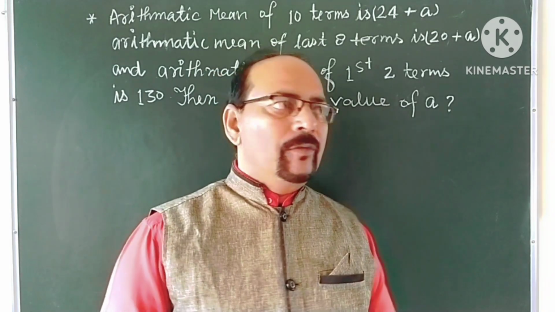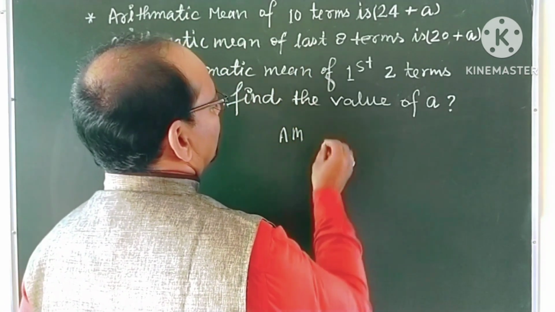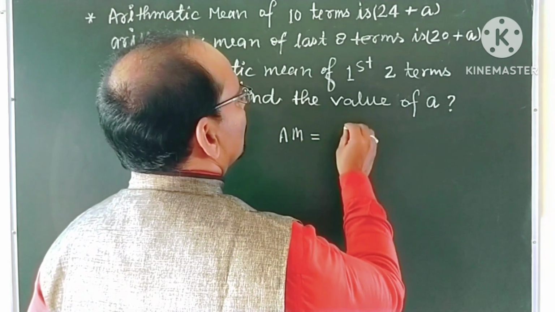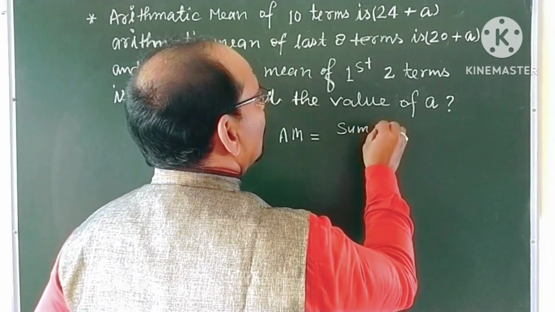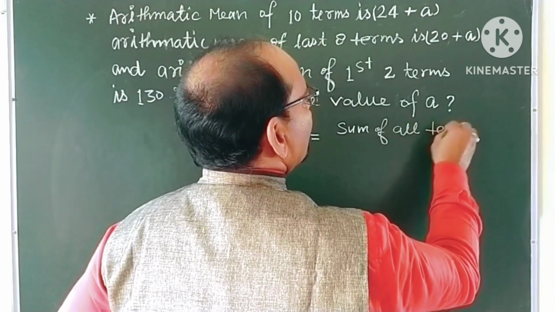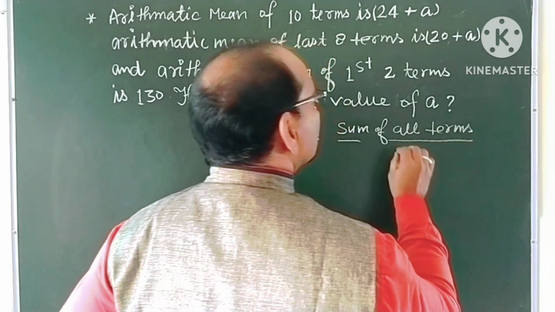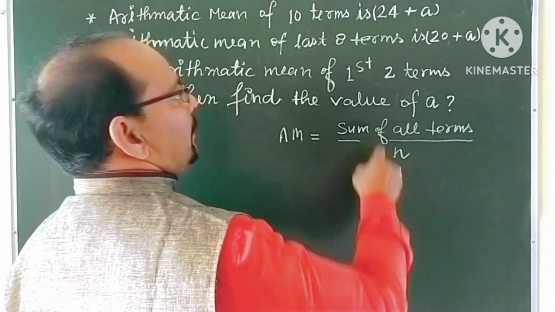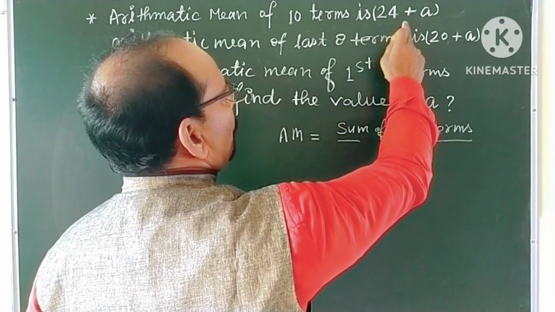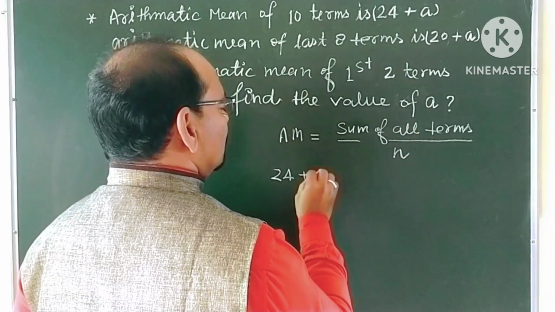Therefore, we can apply the formula arithmetic mean equal to sum of all terms upon n. n is given as 10, and the arithmetic mean is given as 24 plus a.